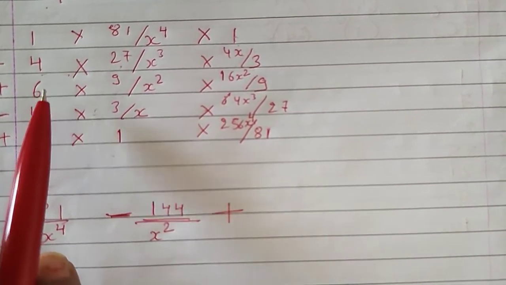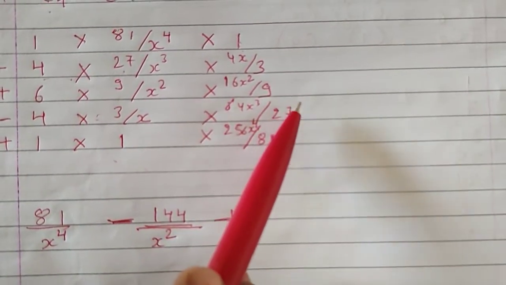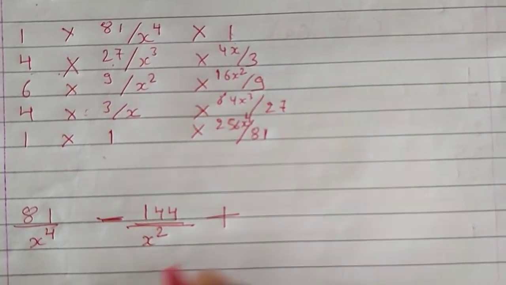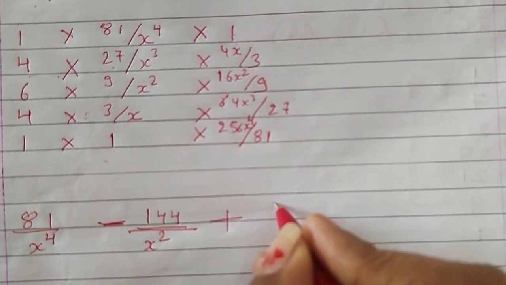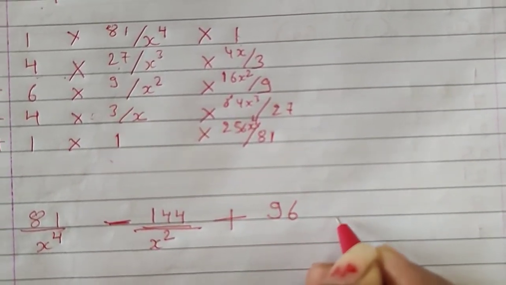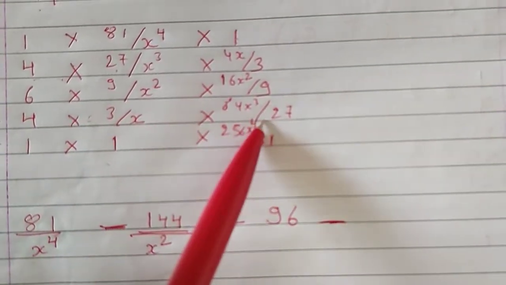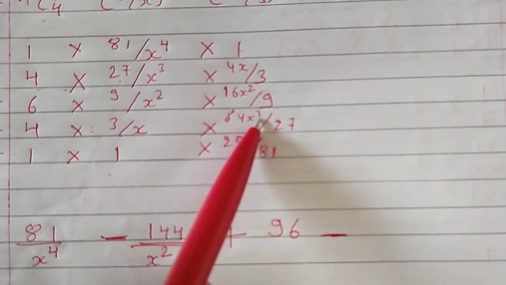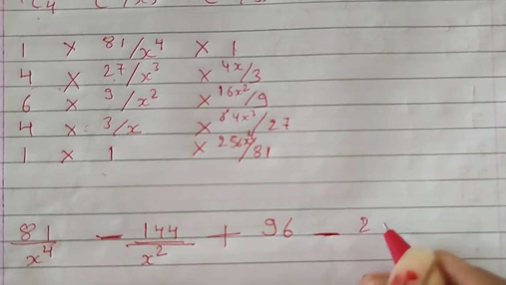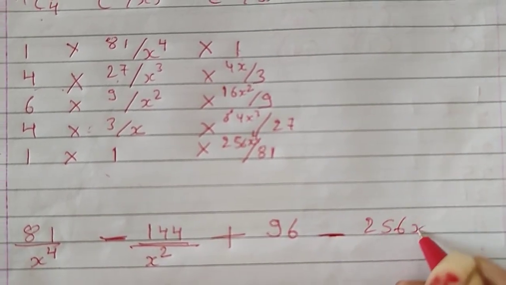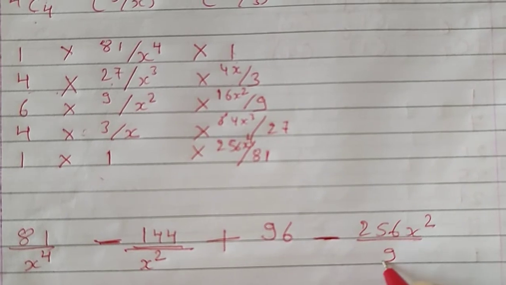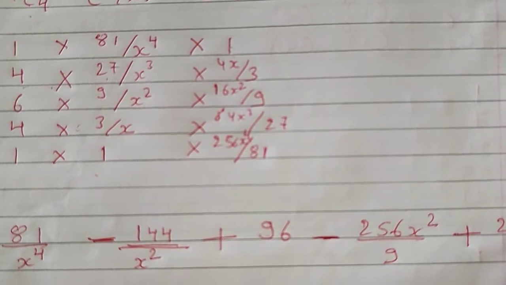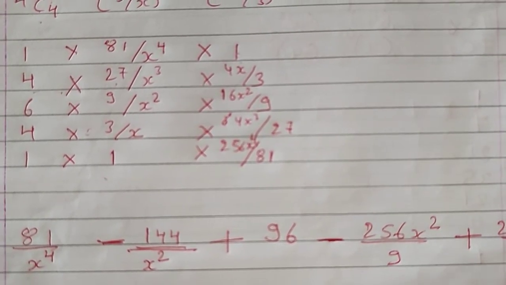Third term here 6, 9 upon x square and 16x squared, so 9 and 9 will get cancelled and x square will get cancelled, so here we'll have 96, minus. Now here 3 and 9 and this x, so here x square. So 64 into 4, that will give you 256x square upon 9, and plus here the same 256x^4 upon 81.